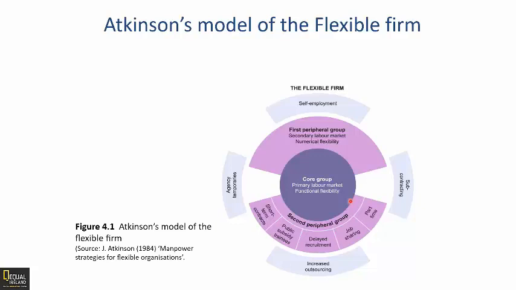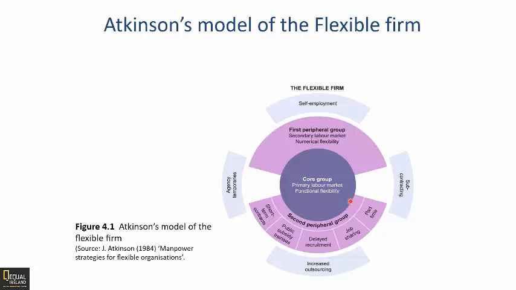But of course, one of the issues is that it creates an us and them mentality. So how do you integrate the primary and secondary groups? Again, that can cause problems. And how do you manage the potential issues around labour law, for example, in terms of discrimination that could typically happen with this model? So you have to be very careful.